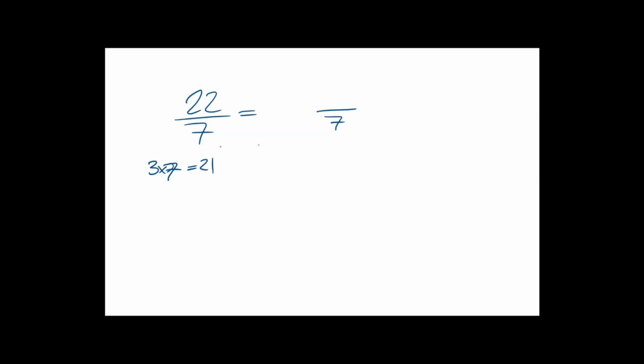Sorry, 4 times 8 is 24. So this is the number that we are looking for. So our answer is 3. 22 minus this 21 is 1. So our answer is, we're going to mush these up a bit better, 3 and 1/7.